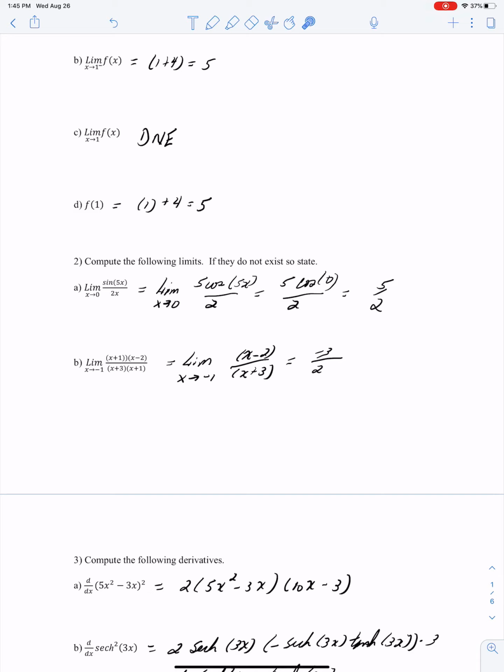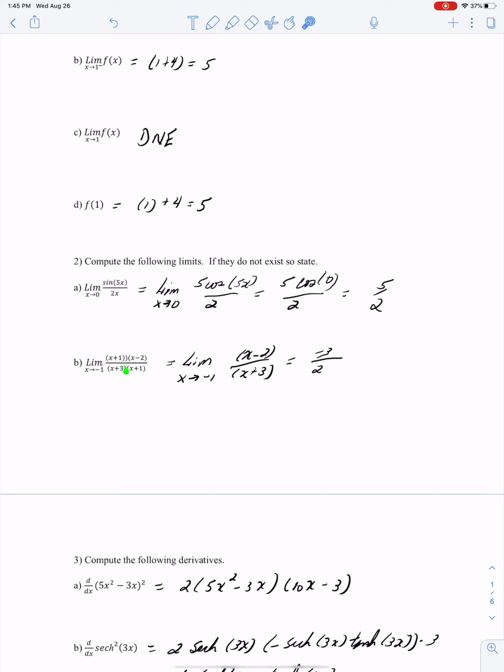Indeterminate form allows me to use L'Hopital's rule, so this limit is the same as the limit as x tends to 0 of the derivative of the top, which is 5 cosine 5x, over the derivative of the bottom, which is 2. And now when I plug in 0, I get 5 cosine 0 divided by 2, which computes to be 5 halves, since cosine of 0 is 1.